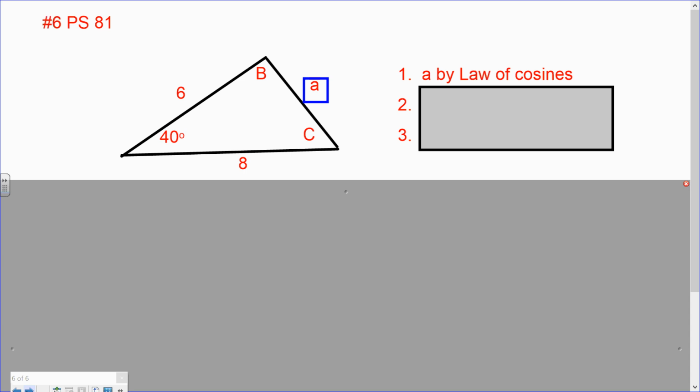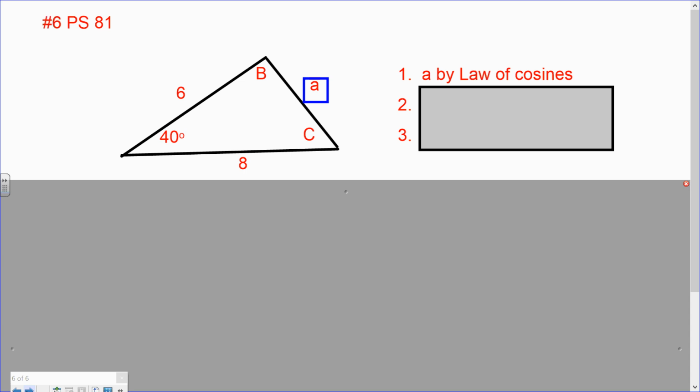Or if we could decide one of them must be obtuse, that would mean the other one had to be acute, and we could do the law of sines on that other one. So I heard some people starting to make some guesses about one angle or the other. Somebody tell me what you were thinking. Which one can you figure out must be acute or must be obtuse? Because we're going to use law of sines next.